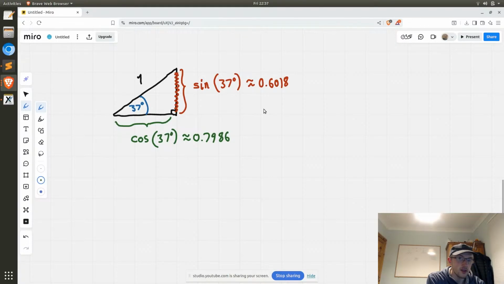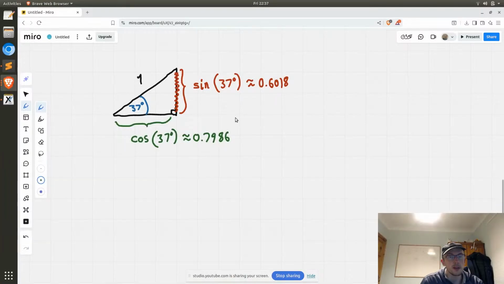Let's see, 0.6018 squared plus 0.7986 squared equals 0.9999. Why is it not exactly 1? Well, because I rounded them, of course.